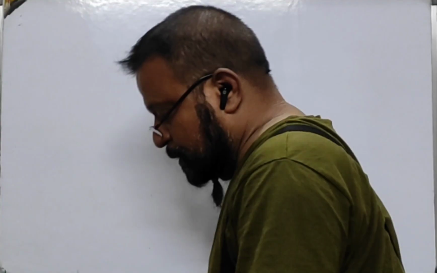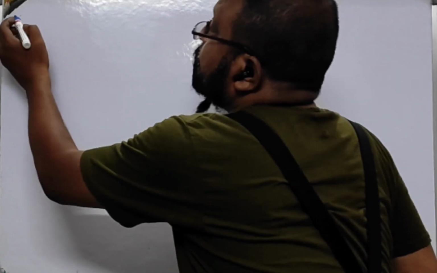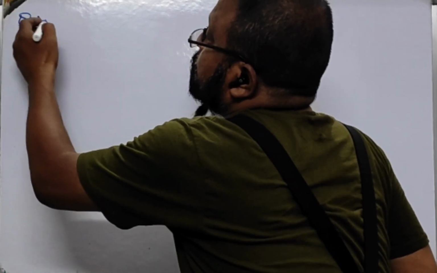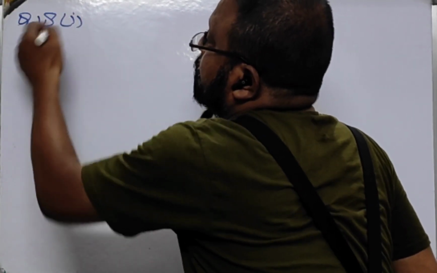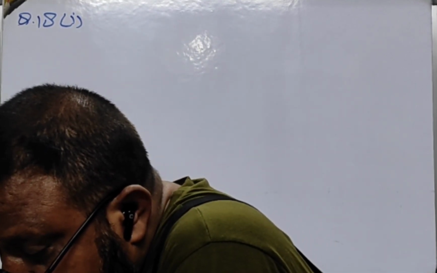Now, question number 18, part 1. A certain sum of money is divided among A, B, C. Right?